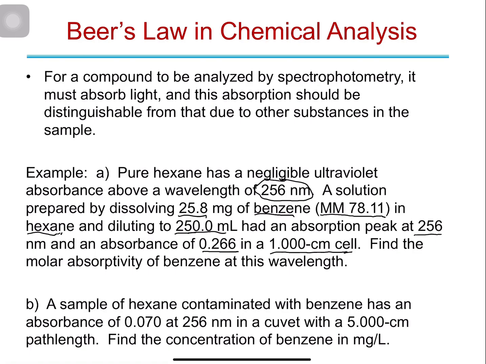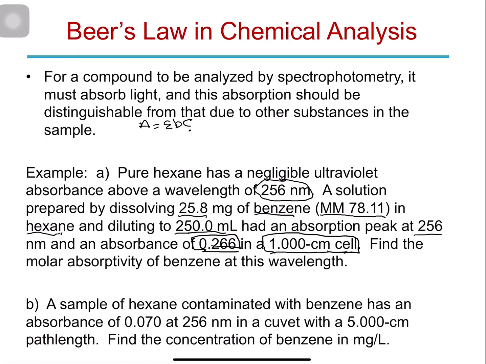First of all, we know that Beer's law says that A, which is the absorbance, equals the molar extinction coefficient times the path length times the concentration. We have the absorbance here, which is 0.266, and we have the path length, which is 1 centimeter, and we need to find the concentration in order to calculate the molar extinction coefficient.